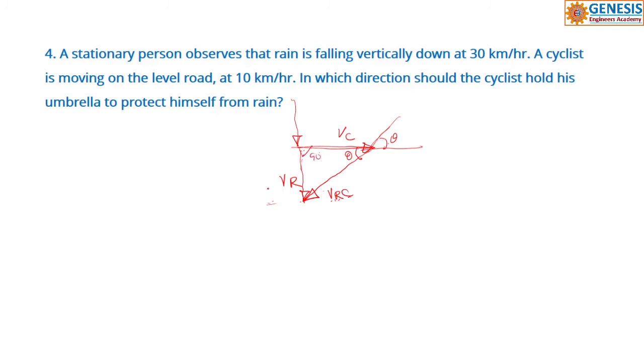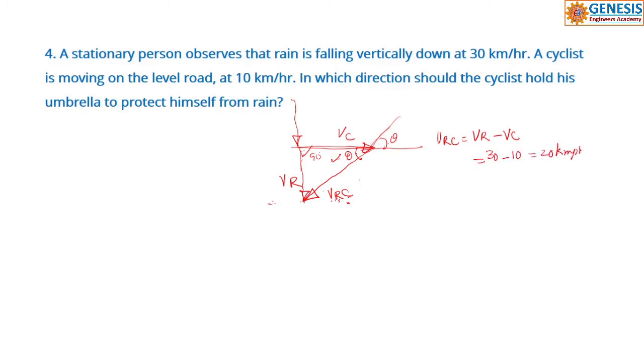Okay. So, what direction should he go? So, sin theta I can use directly if I know this one. Sin theta is equal to opposite side by this. So, what is VRC? VRC is equal to VR minus VC. So, this is 30, this is 10, it is 20 kilometers per hour.